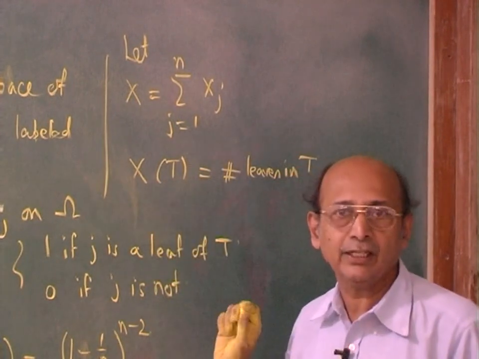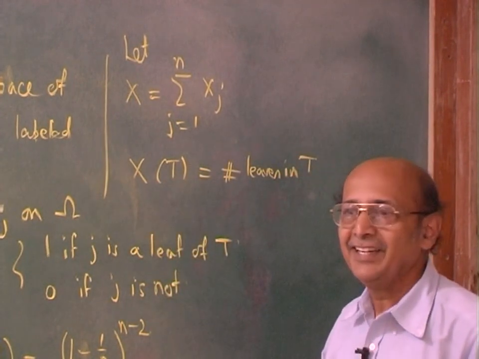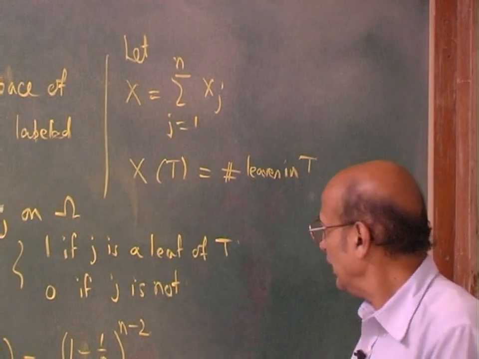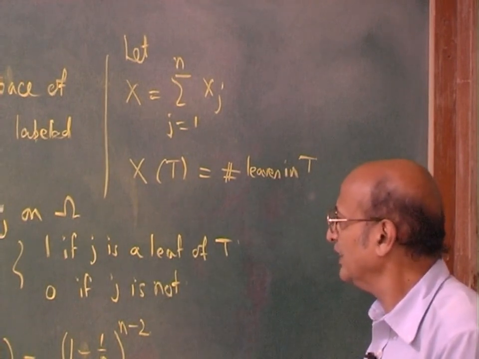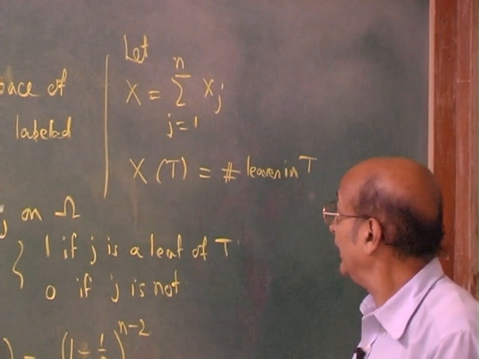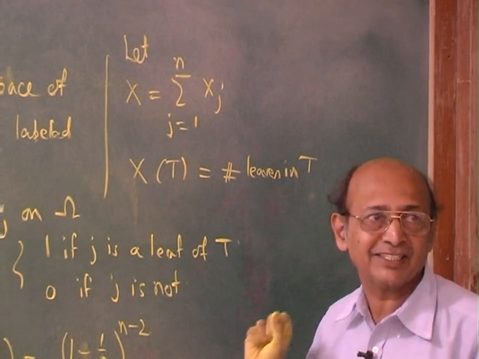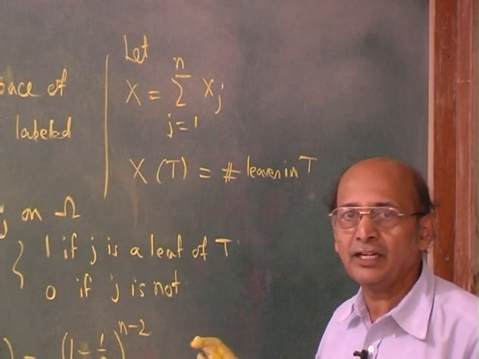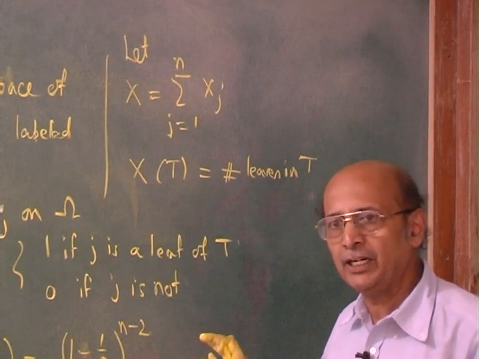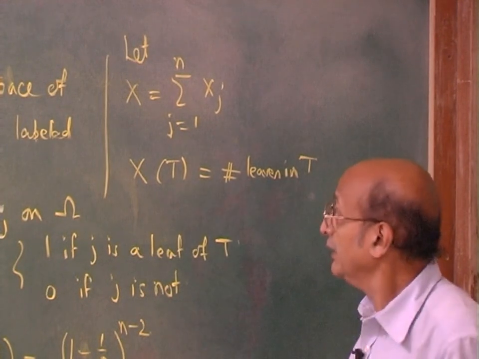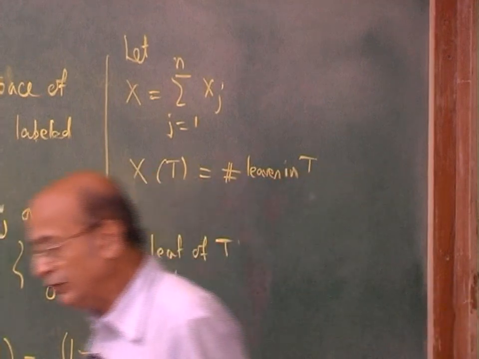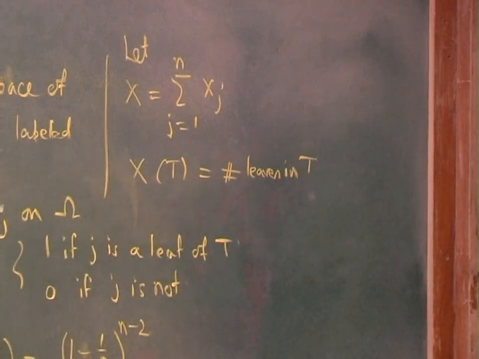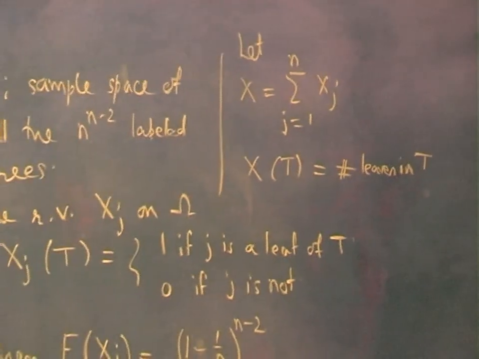Very fortunately, the main result in probability theory we need to use is that, unlike other things, expectations add. Expectations add up. It doesn't require these to be even independent or anything like that. That's irrelevant. Random variables can be added, and their expectations also add. What does that mean?